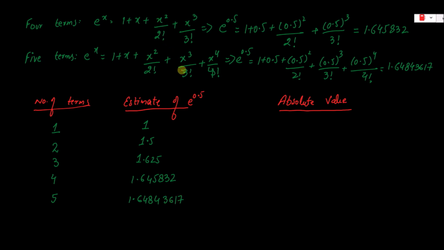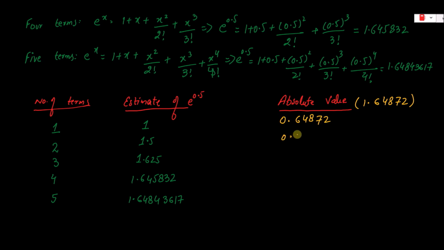When we calculate the absolute values, the actual value, given up to 5 decimal places, is 1.64872, and these are the approximated values. So when we subtract, we will get 0.64872.